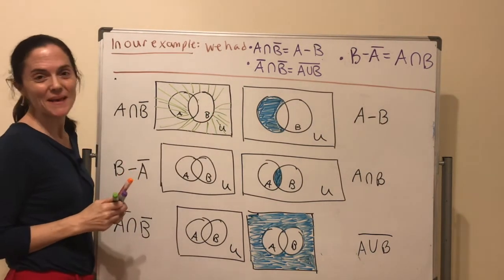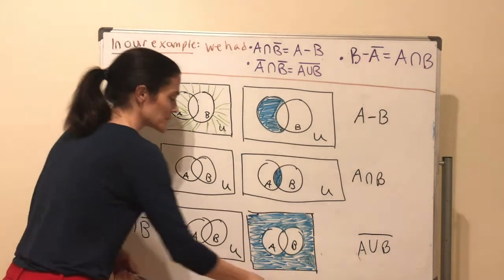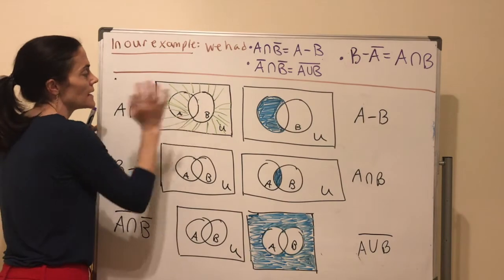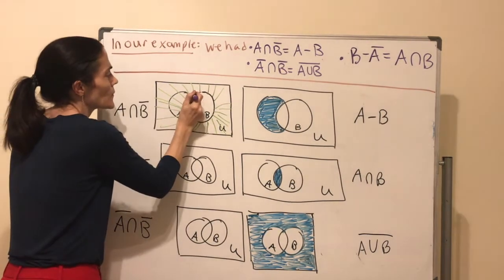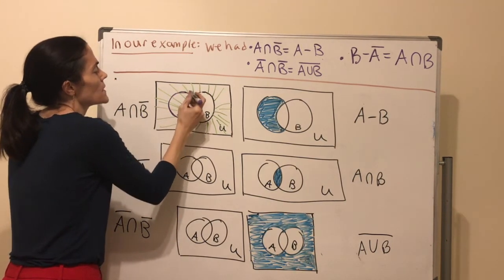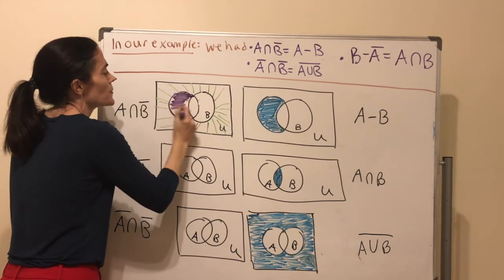Okay, this is B complement, but now you see I want to intersect this with A, and here's where I will shade in. So I take A intersected with what's lined in light green, and we get exactly this. So my final answer is what is colored in solid purple.